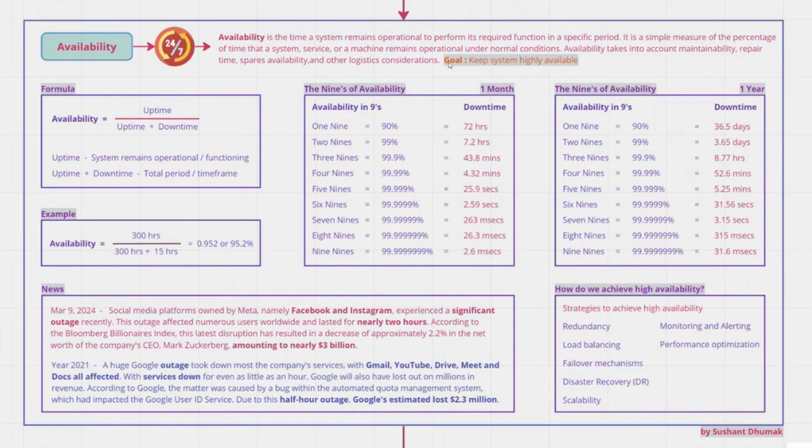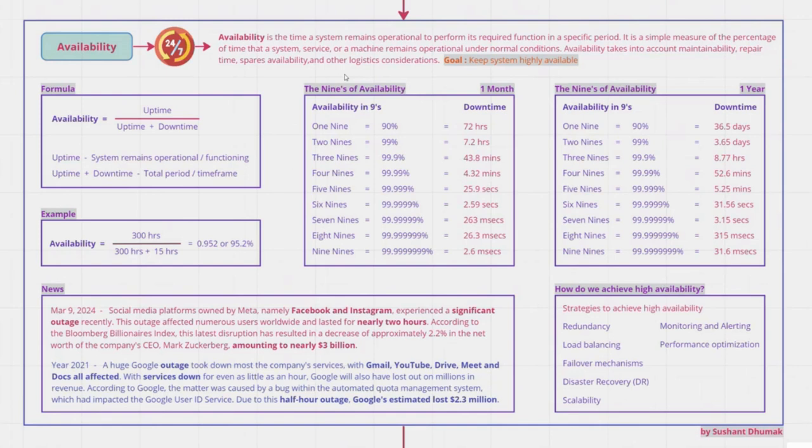That is a book definition, but I'll try to explain it in my own words. Suppose you're using Instagram, Facebook, or some other system which millions of users use nowadays. Maybe late at night you open that app on your mobile or laptop and it is not working.